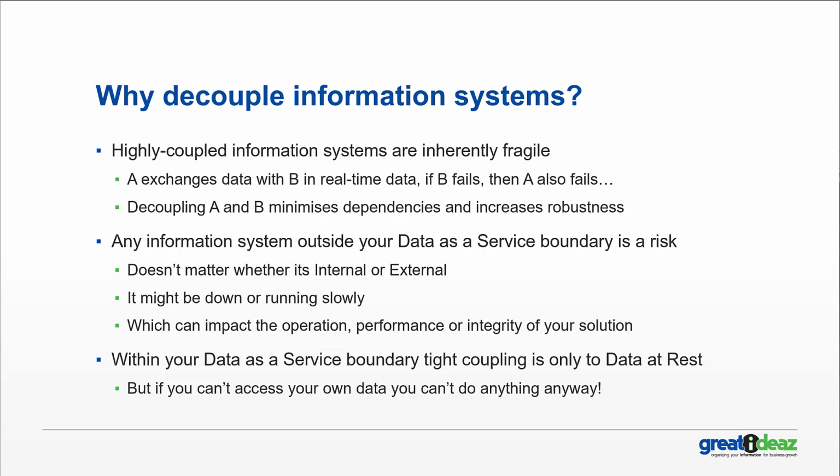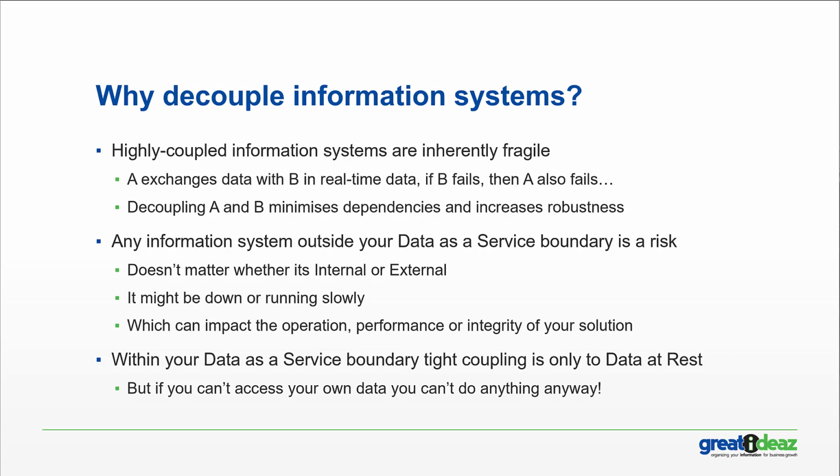Now, this leads us into the second set of points. We talked about it a little bit here in that if an information system like B is outside our data as a service boundary, it's a risk. It doesn't matter whether it's internal or external, so it doesn't matter if B is within your organization or a third party. If it's failed, so if it's crashed or it's down, or even if it's just running really slowly because there's a lot of load or there's a distributed denial of service attack running on it at the moment, then it's posing a risk to your operations.